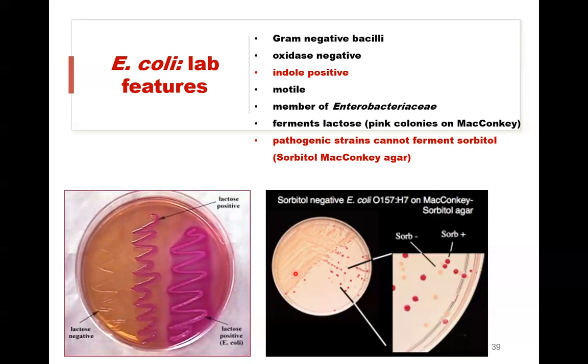Sorbitol MacConkey agar has essentially the same composition as the regular MacConkey, but sorbitol has been added. Sorbitol can be fermented by non-pathogenic E. coli strains, so these pinkish colonies on sorbitol MacConkey agar are the non-pathogenic strains. The pathogenic strains will show up as non-pinkish colonies. Is that clear? So we can use sorbitol MacConkey agar to differentiate between the pathogenic and the non-pathogenic E. coli.